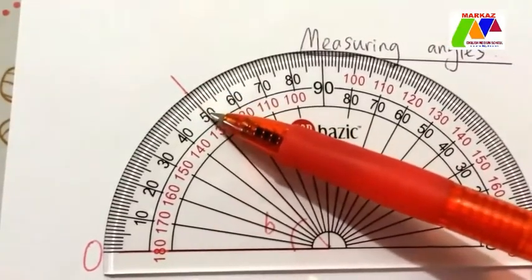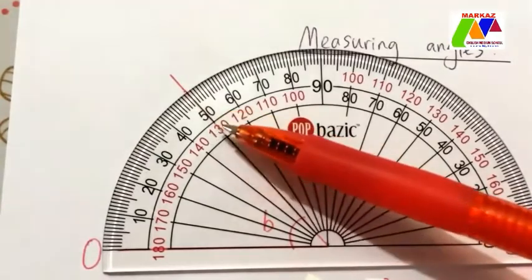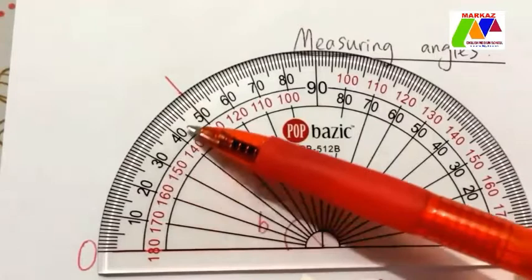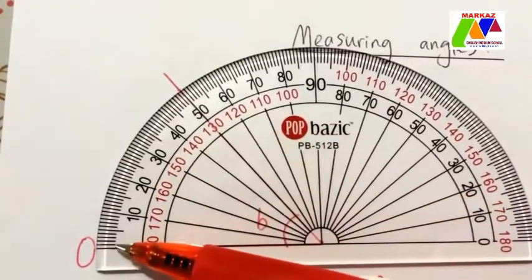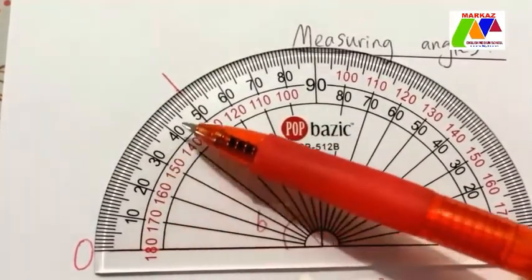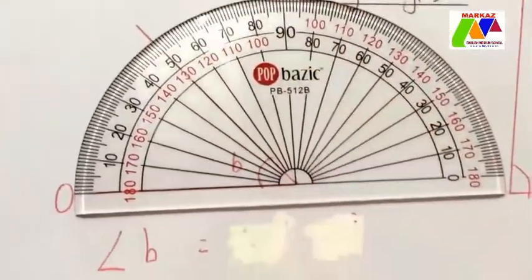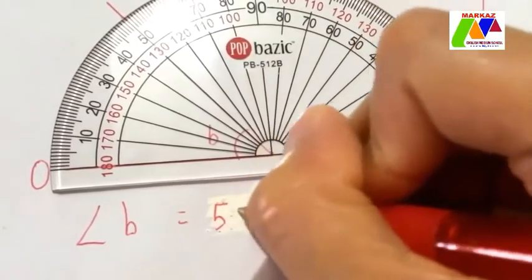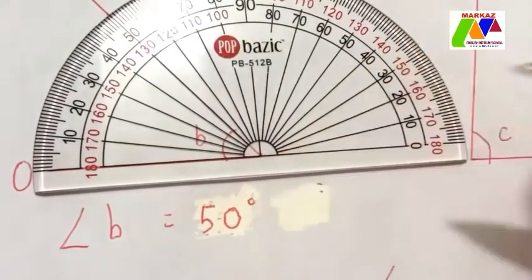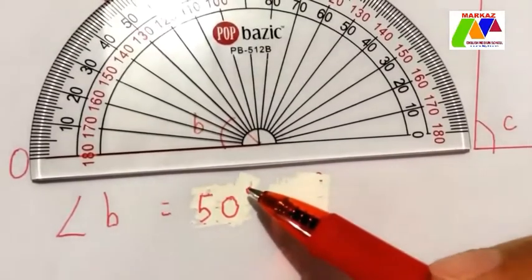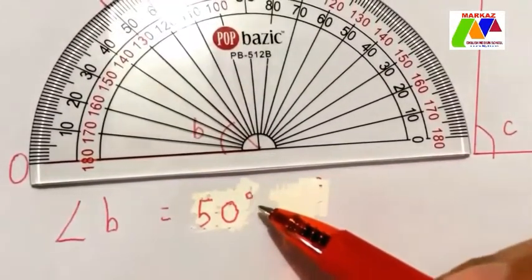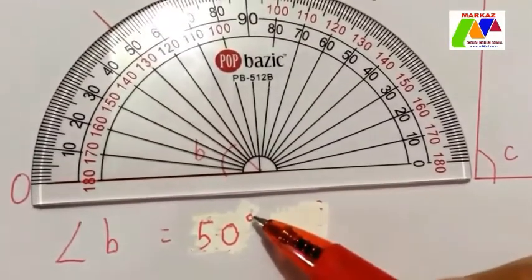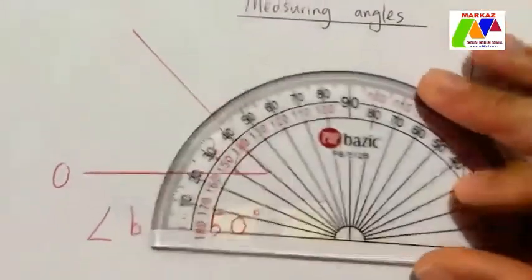Our angle is exactly 50 degrees. So, write angle B equals 50 degrees. This small 0 denotes degree.